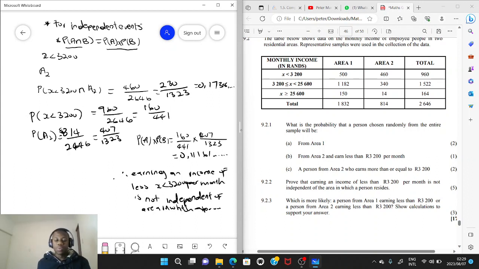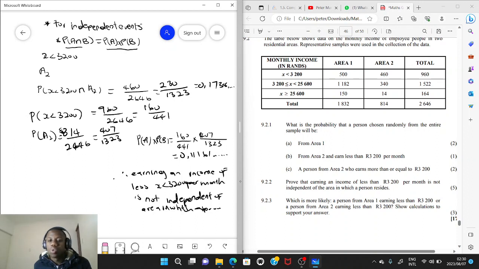Right? Now we have the last question. Let us deal with the last question. It says: which is more likely, a person from area 1 with an income of less than 3.2, or a person from area 2 with an income of less than 3.2? Show the calculations.